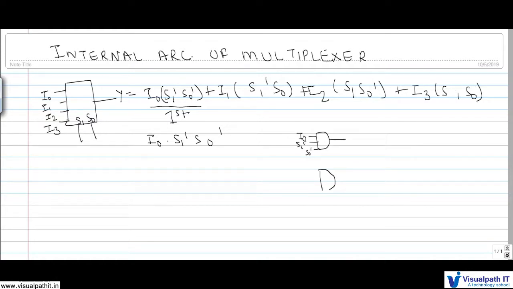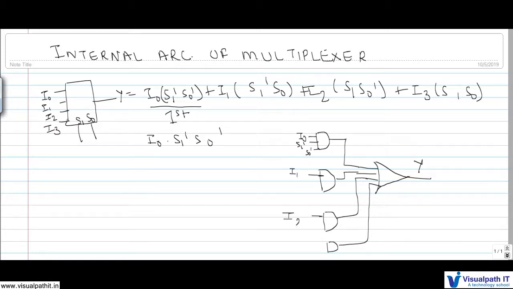Like this for the second term, the third term, and the fourth term. We put all these outputs into an OR gate, and this OR gate will produce the function Y. The other AND gates have inputs I1, I2, I3 and the selection lines S0, S1.